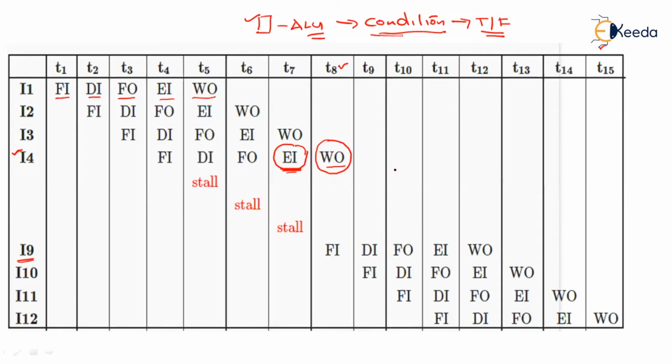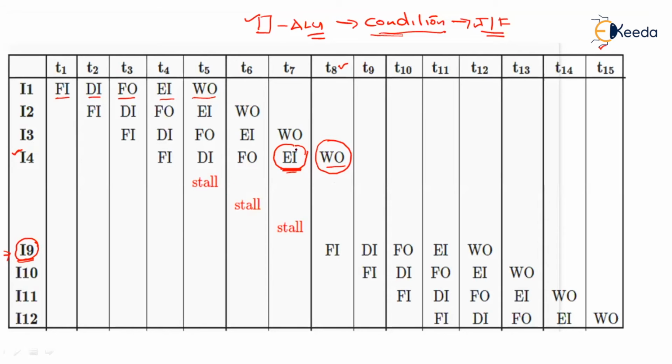In this case, the condition evaluated to true, let us say, as in the question, and I9 is the target instruction. Why are we assuming the condition is true? Because only when the condition is true will the branch be taken. If the condition is false, then the subsequent instruction will be taken. So here I9 is the branch target that is taken.